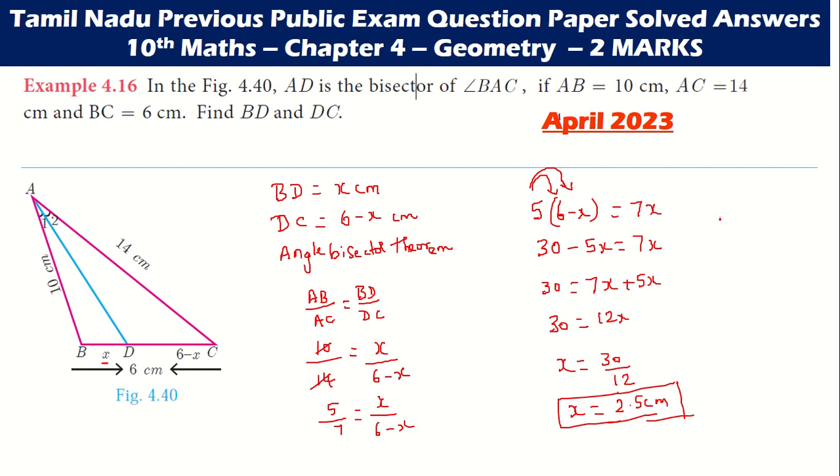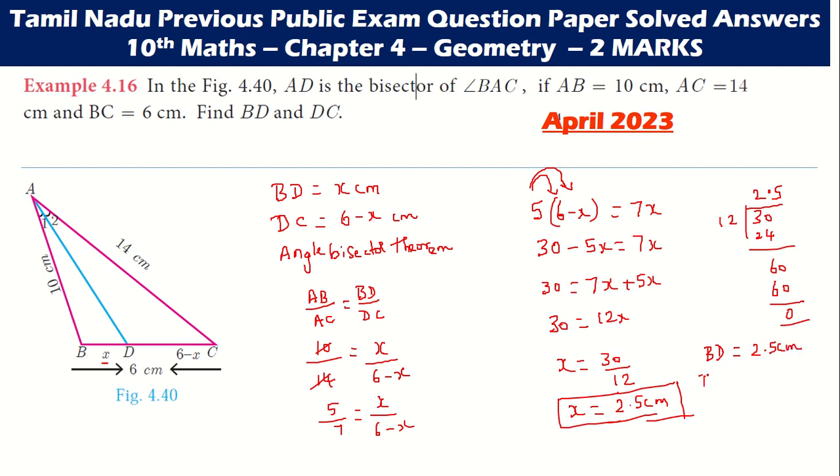So இது எப்படி டிவைட் பண்ணோம் 12 30. So 2s are 24. So இதில் 6 remainder. Then 0 எடுத்ததுனால 2.5. Then where BD is equal to x ஓட வேல்யூ என்னன்னு சொல்லியிருக்காங்க x வந்து 2.5. So therefore BD is equal to 2.5 centimeter.